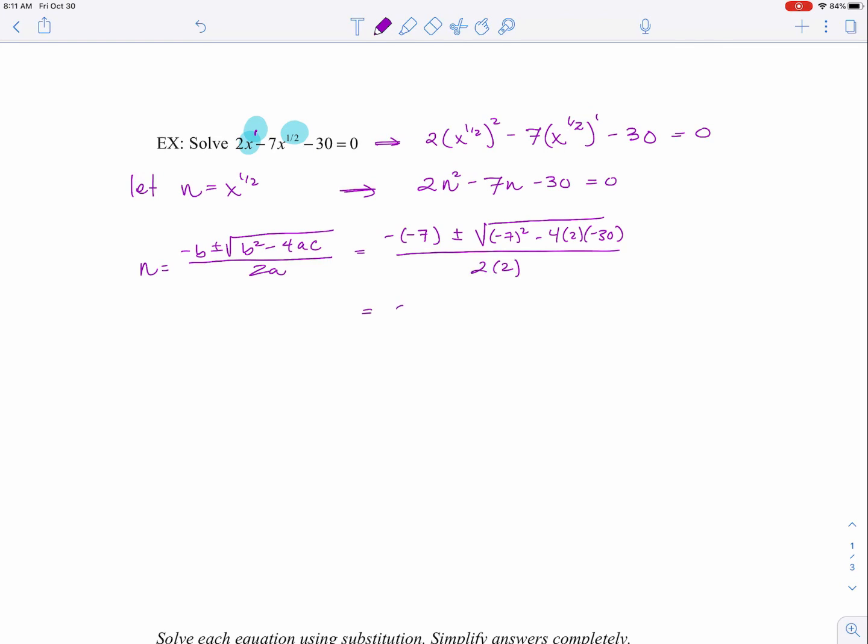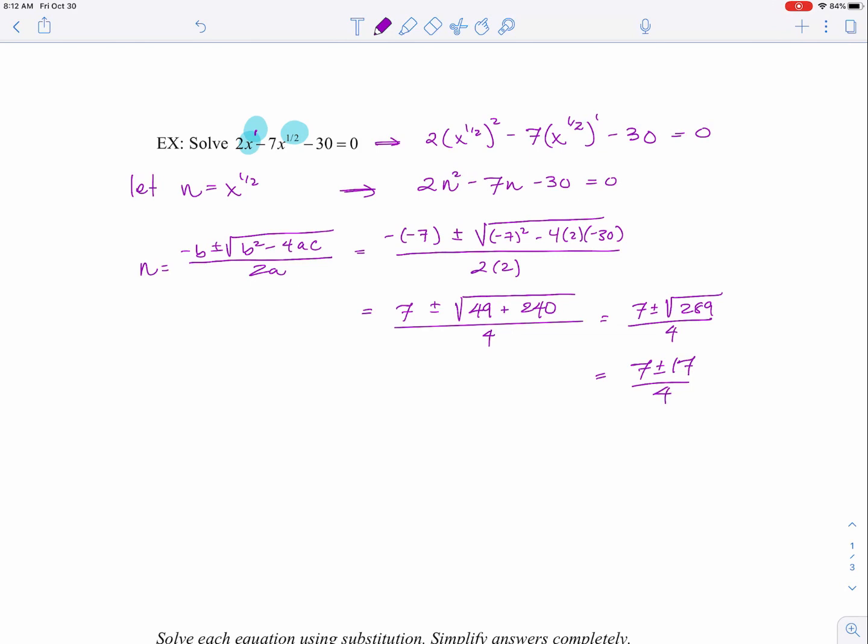This will become 7 plus or minus the square root of 49 plus 240 all over 4, which is 7 plus or minus the square root of 289 over 4, which I believe is 7 plus or minus 17 over 4.